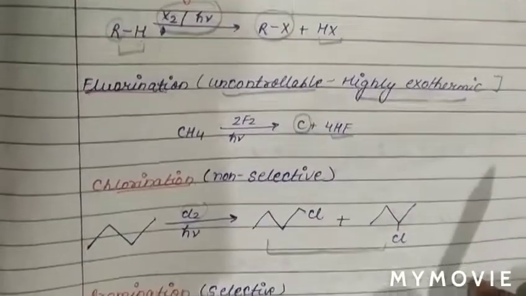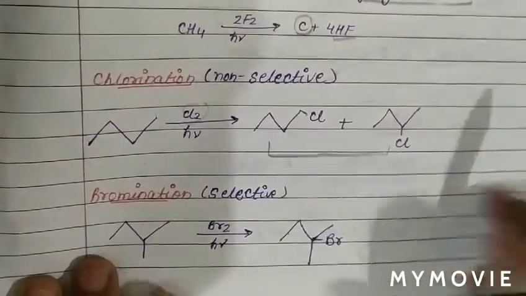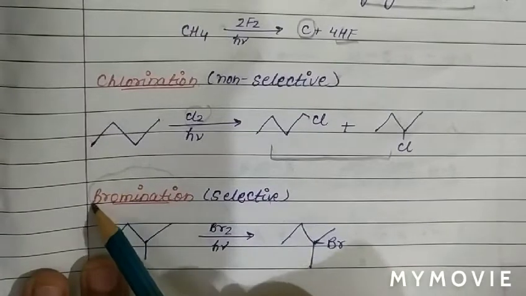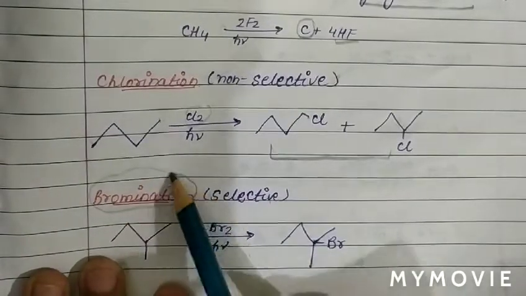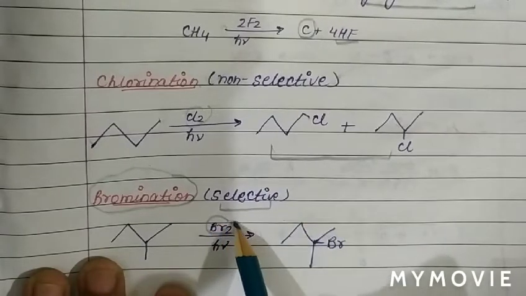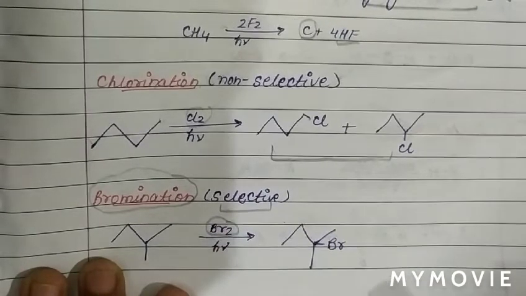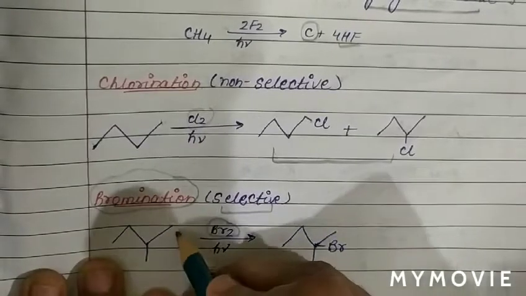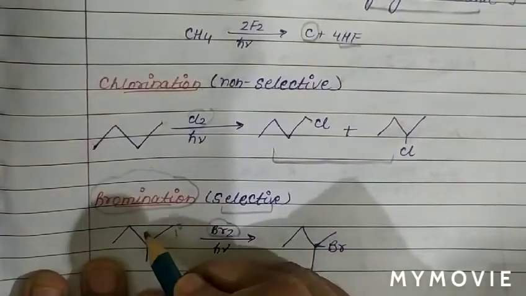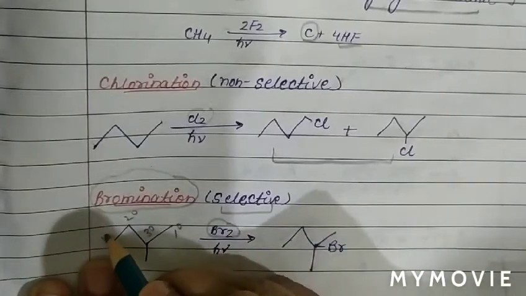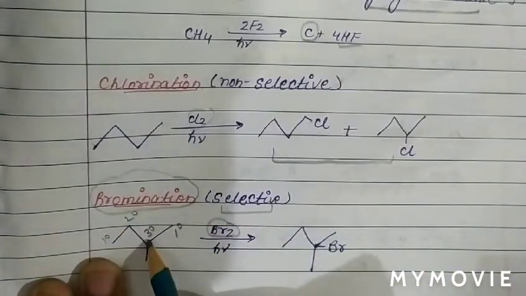But bromination is selective. As the bromination reaction is a selective reaction, therefore bromine will attack at the most stable position. See, the most stable position we can see: this is 1 degree, this is 3 degree, this is 2 degree, and this is 1 degree. So the most stable position is 3 degree.